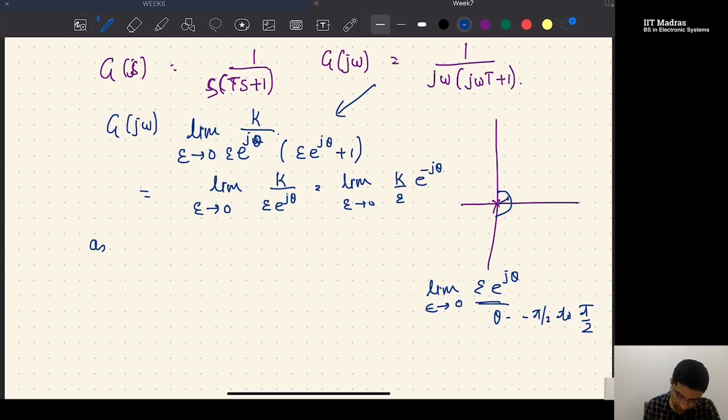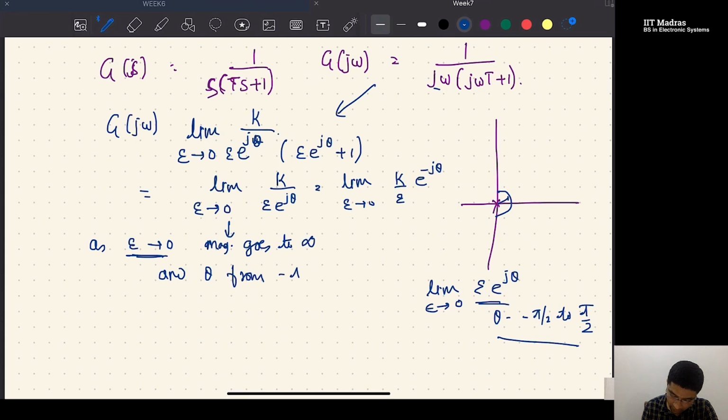As epsilon goes to 0, the magnitude goes to infinity. This is just around the singular point at j omega equal to 0. When theta goes from minus pi by 2 to plus pi by 2, e power minus j theta goes from pi by 2 to minus pi by 2.